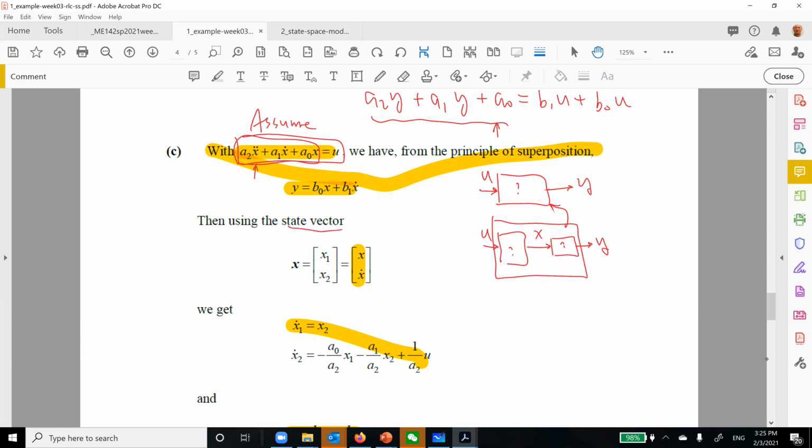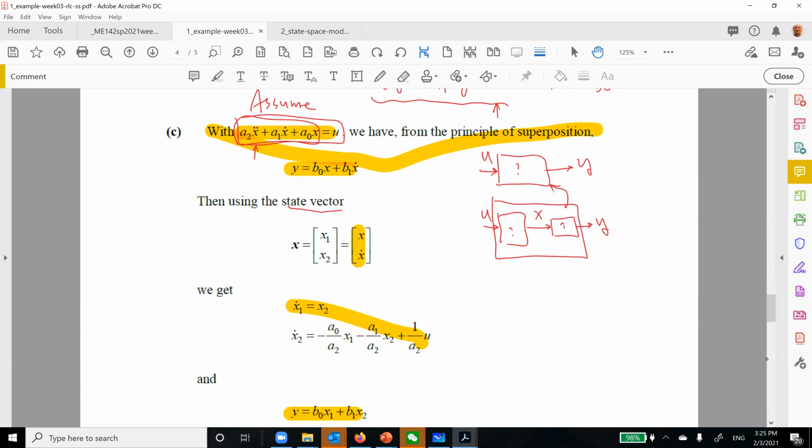I'm going to write the state vector in terms of a state equation. So I can clearly write x1 is x2, which is basically saying that x dot is x dot. x1 is x, x2 is x dot.